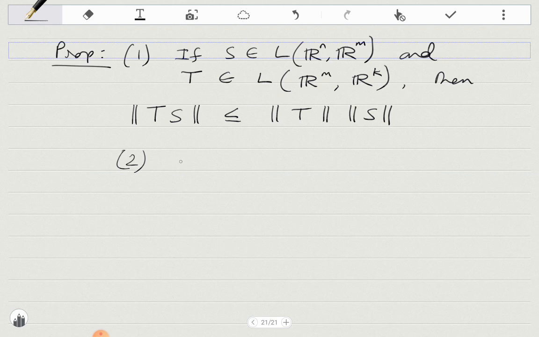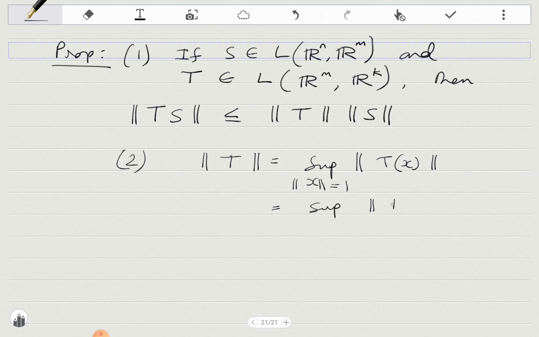The operator norm of T can also be written as the sup of norm Tx. Instead of taking the sup over all x whose norm is less than or equal to 1, I can confine myself to unit vectors. And in fact, I can also do the following.